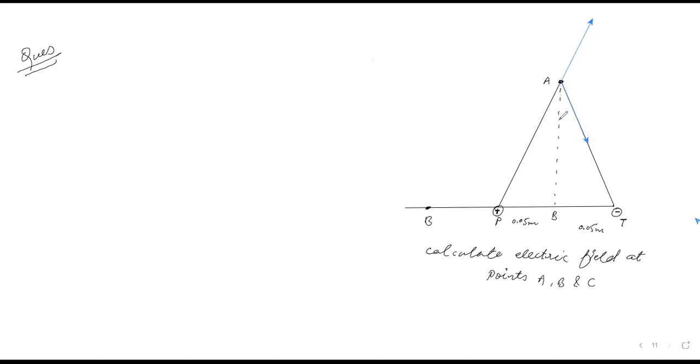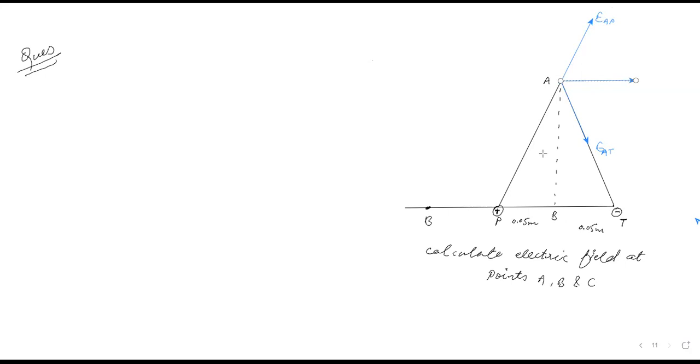Now we already know it is an equilateral triangle. In this case, the angle made between the electric fields due to the two charges, this is your E_A and this is your E_A, the resultant field will always be in the direction of plus X. Why?